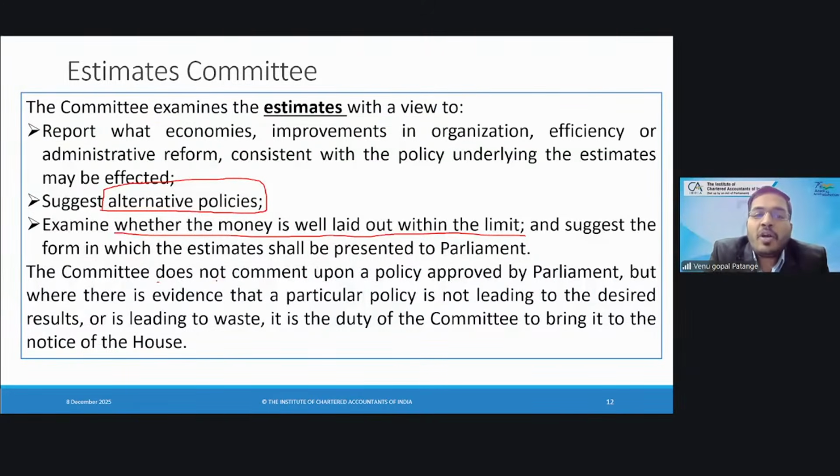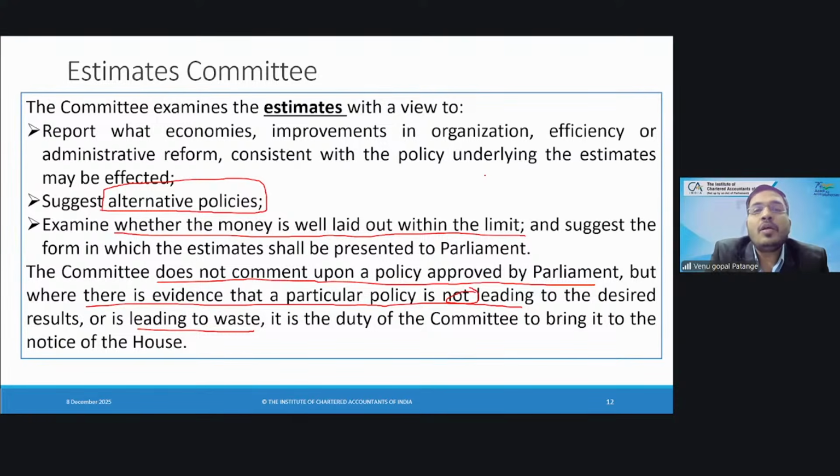Although it does not comment upon policy approved by Parliament, if there is evidence that a particular policy is not leading to desired results or is leading to waste, it is the duty of the committee to bring it to the notice of the House. So this is the role of the Estimates Committee, which is part of the financial committees.